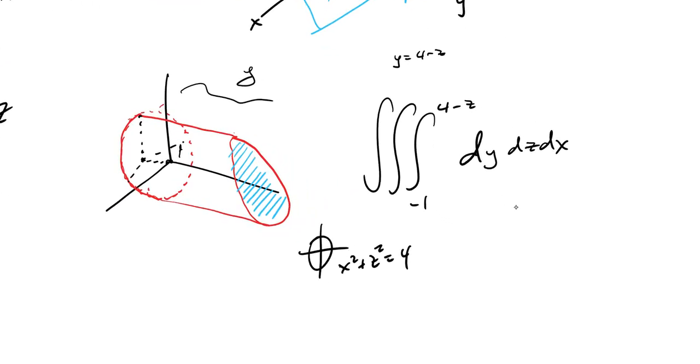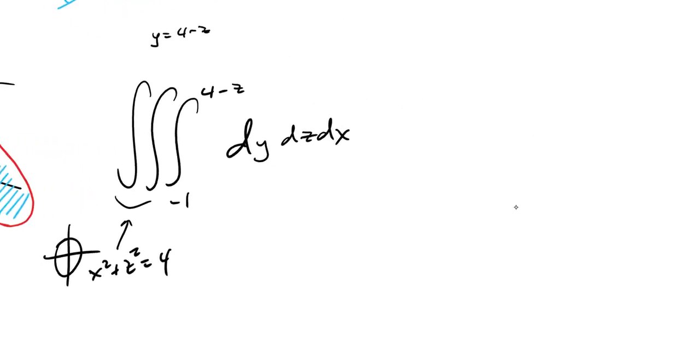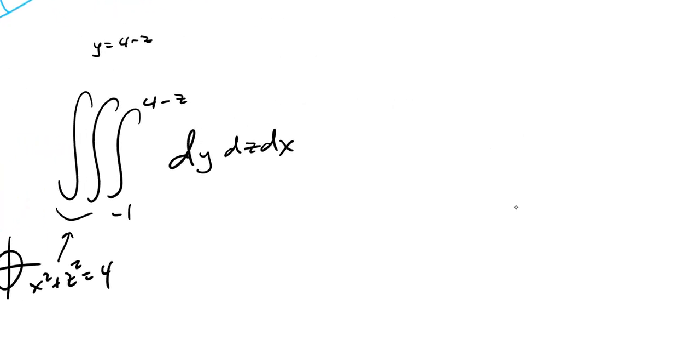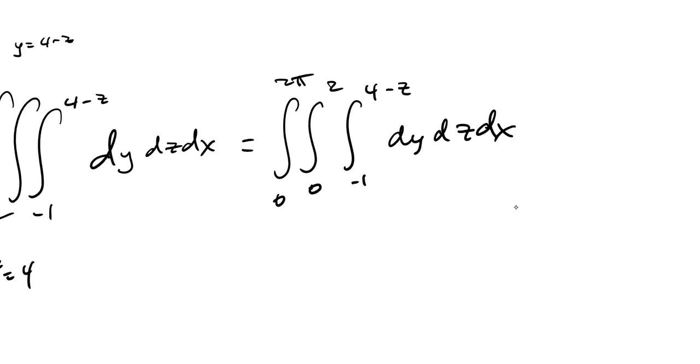And I'm going to convert immediately to polar coordinates. So this will be 0 to 2 pi, 0 to 2, integral -1 to 4 minus z, and then dy, dz, dx. All right, so I'm going to go ahead and finish this one.